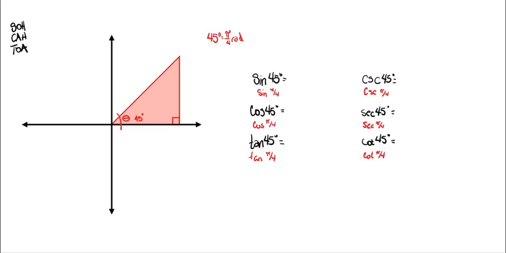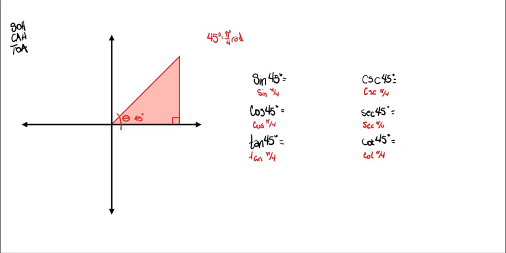Sine is the function of theta when you divide the opposite side from that angle theta by the hypotenuse in a right triangle.